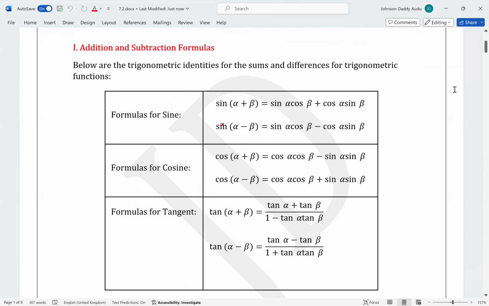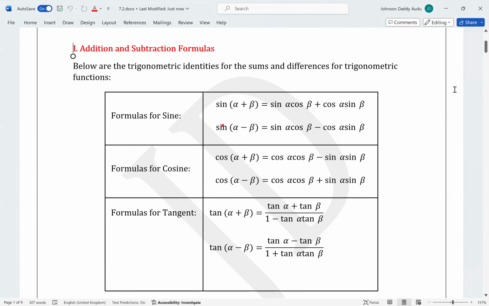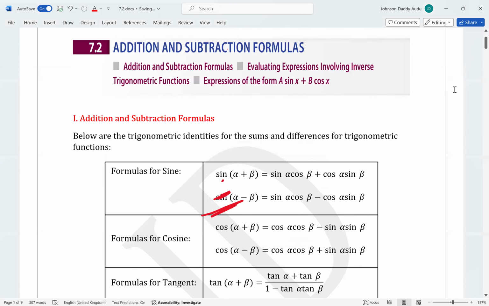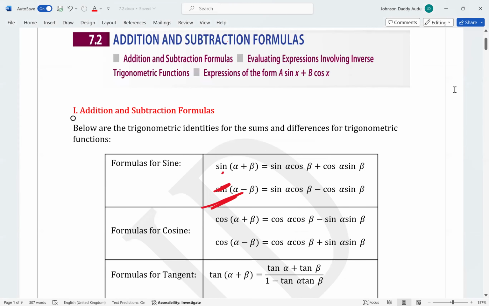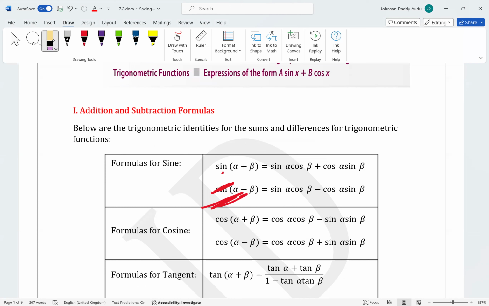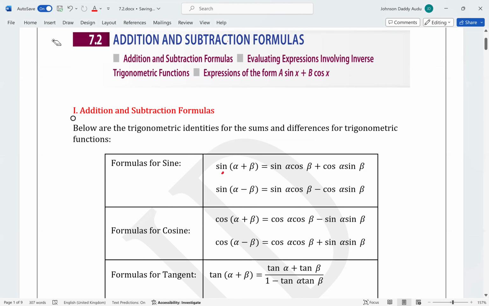In this video, we'll be looking at the addition and subtraction formulas for the trigonometric functions, that is for sine, cosine, and tan. If you have sine of alpha plus beta, what is it? It's just sine alpha cosine beta plus cosine alpha sine beta.